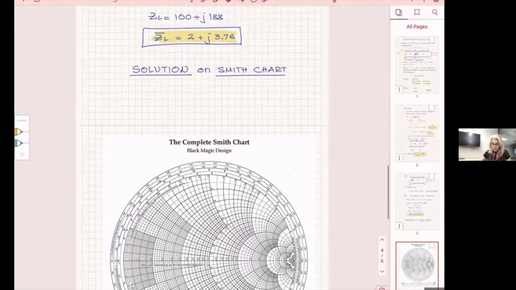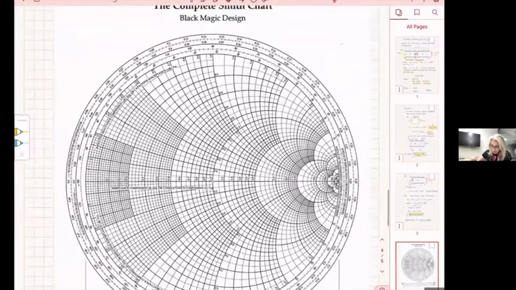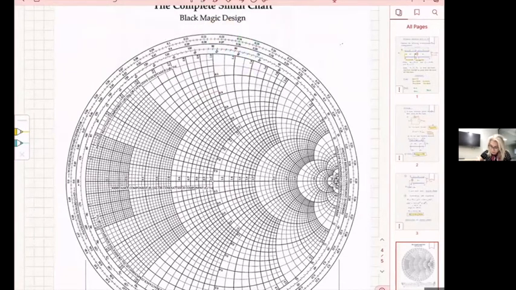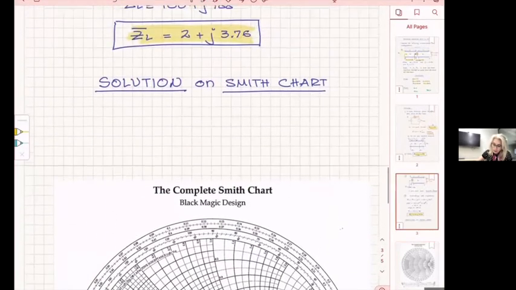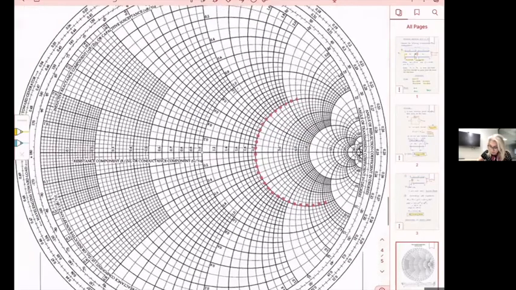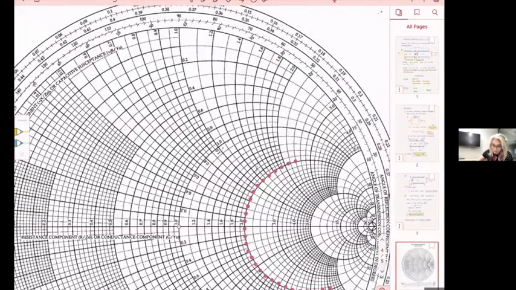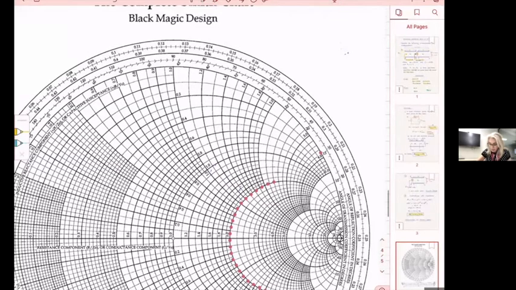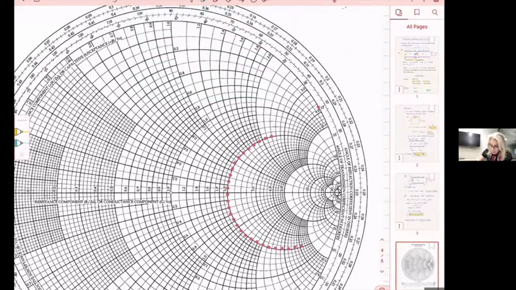Let me start with ZL. I need to find it first. So ZL is 2 here, and 3.76, 3.76 rather up here. It's here somewhere, somewhere there.